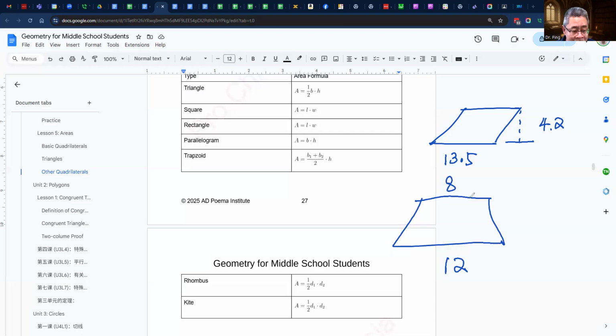Then we got the height is 5. So what is the area? Yep, very good.